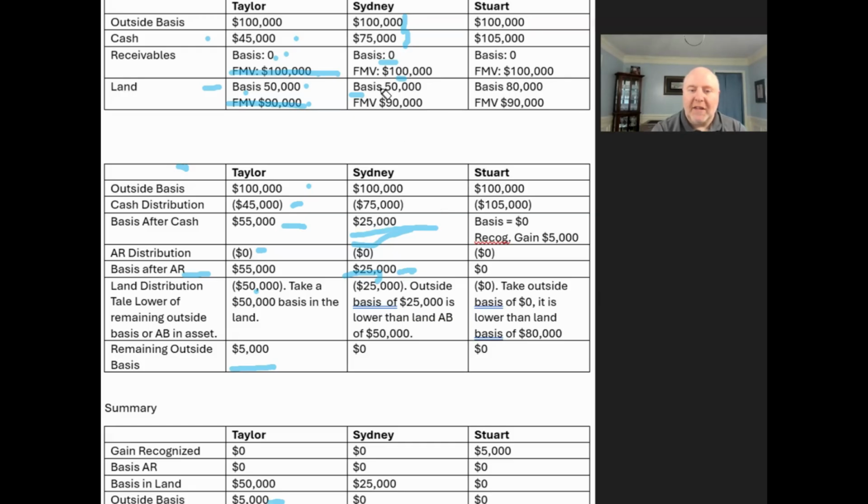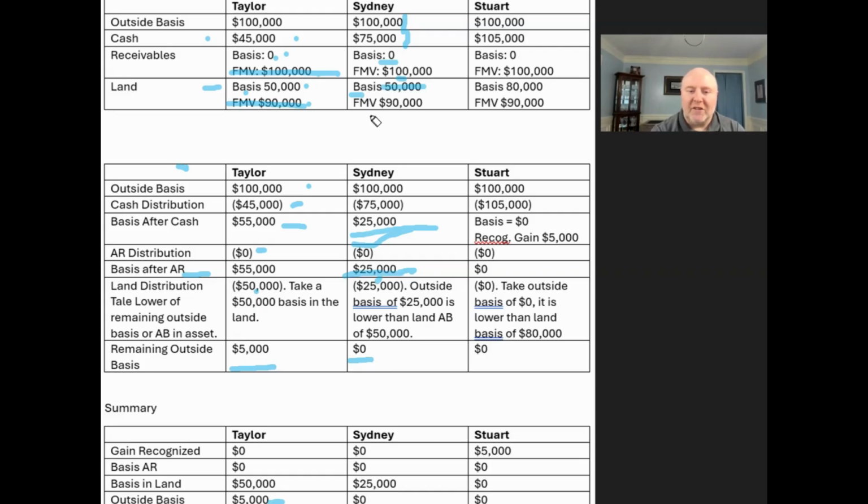What happens is we're going to take, instead of 50,000, the remaining 25,000. Our remaining 25,000, that's going to be our new basis in the land. And because of that, we're now going to have 0 basis remaining from the outside in our partnership interest. So we have a 0 basis for outside basis. Our basis in the land will be $25,000.